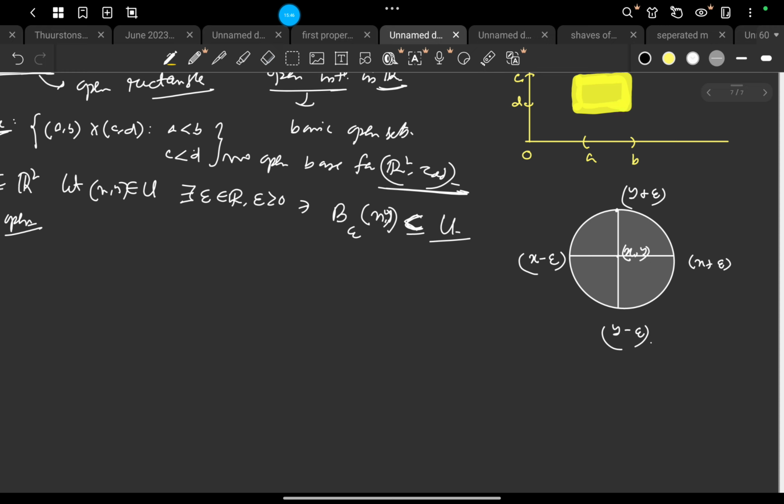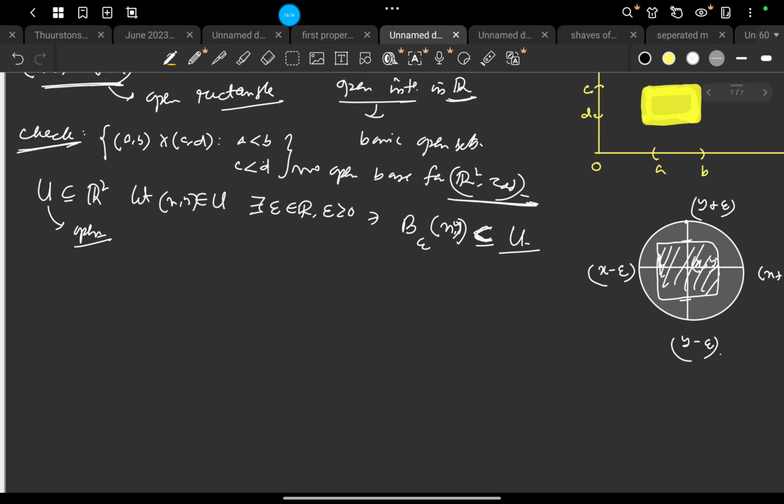Now how can I get an open rectangle around this? You see that if we make this distance half, and again this distance half, this distance half. Now if I consider this open rectangle, basically I am considering the open rectangle (x minus epsilon by 2, x plus epsilon by 2) cross (y minus epsilon by 2, y plus epsilon by 2).